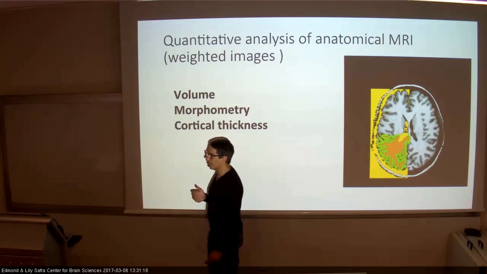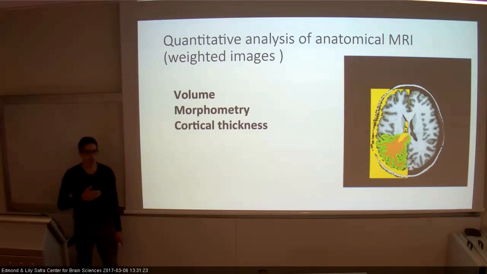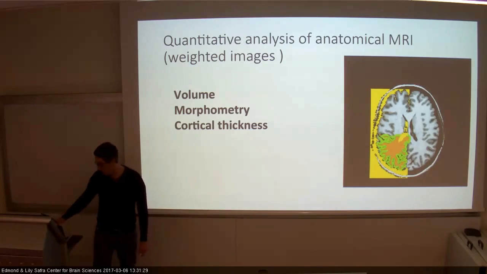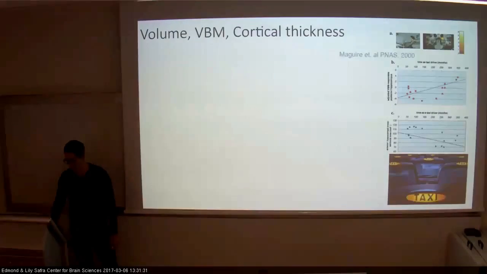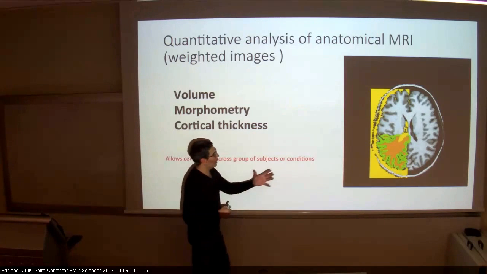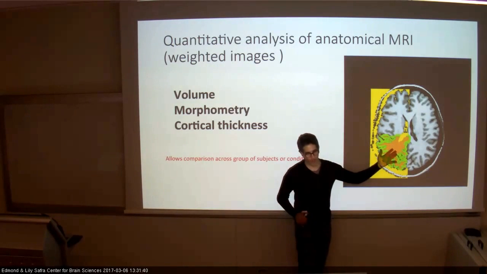And the gray matter volume of this area, I can compare between subjects and say how that changes as a function of age and whatever else I want to measure. Or maybe I can say something about how it's shaped, how it looks. That will be morphometry, okay?